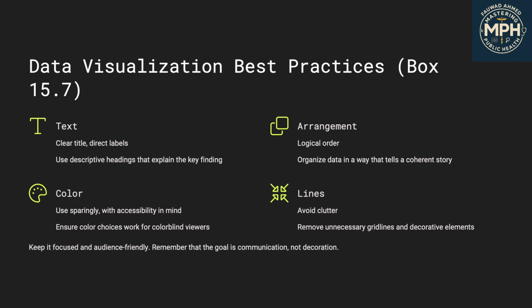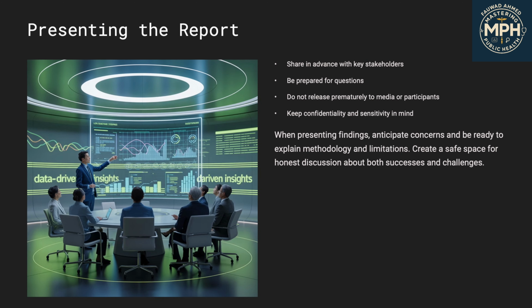Label directly on the graphic. Avoid legends. Order bars logically. Avoid grid lines and unnecessary borders. Use color intentionally and consider color blindness. Make visuals self-explanatory. Include extra graphs in the appendix, not in the main report. Provide your report in advance. Prepare for questions. Time your release strategically.